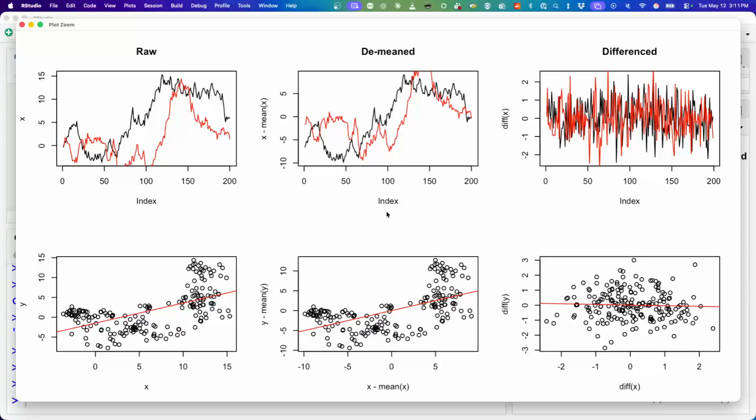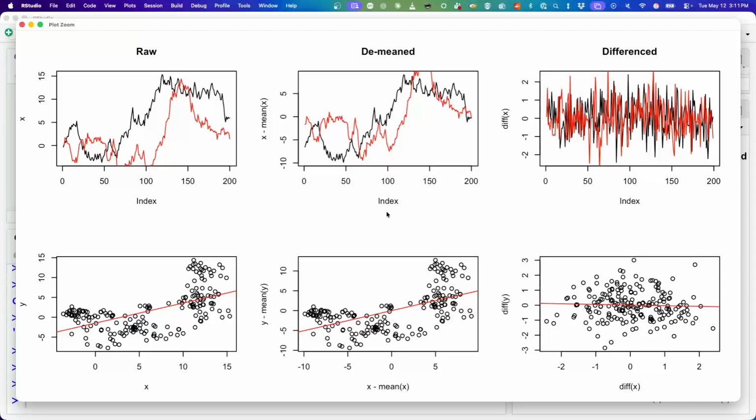The plot on the far left, the top shows our x in black and our y in red. Then below that in our naive regression, when I plot the x's against the y's, there is this linear relationship between the two.